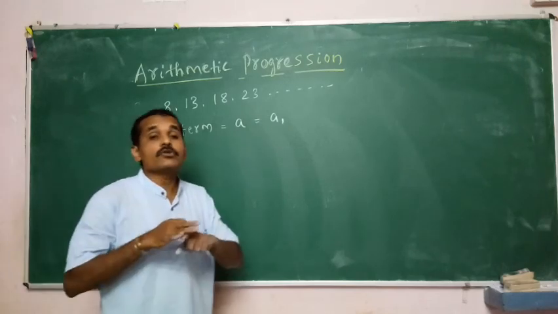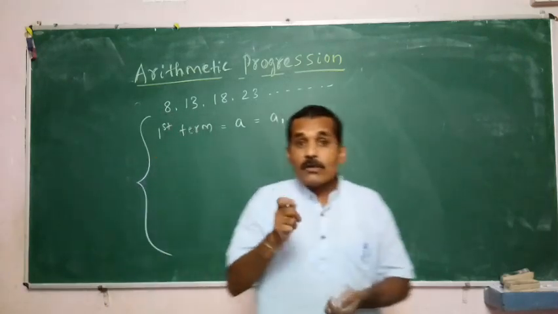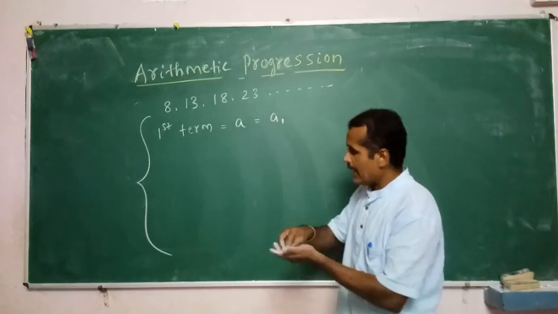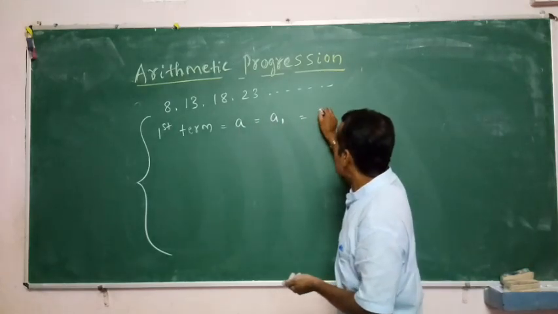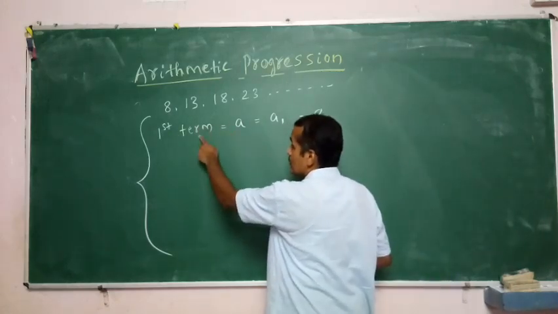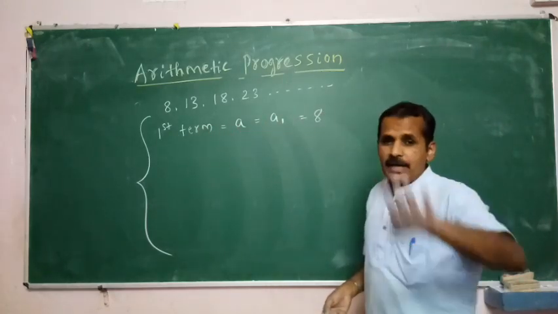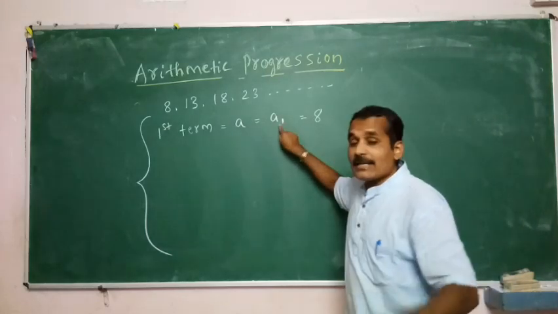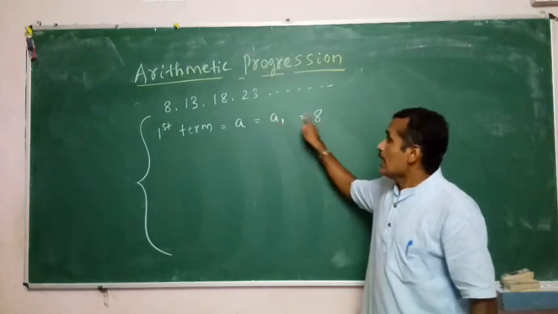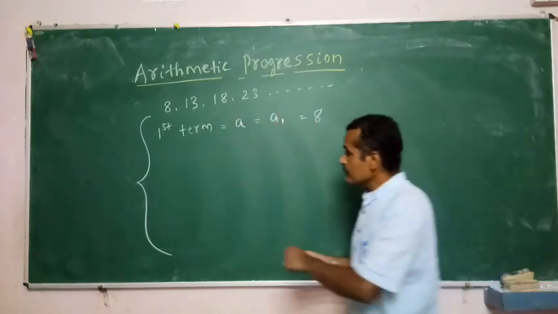A and A1 both are the same. A1 means first term. A is also first term. And what is the number? The number is 8. See very carefully. First term, usual notation is A, which is also called A1, and it is 8.